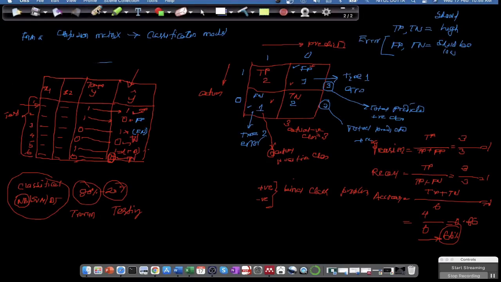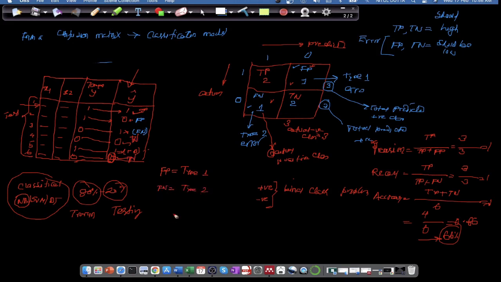So out of these different values, I told you that the value in the false positive field represents the type 1 error. And the value in the false negative field indicates the type 2 error.